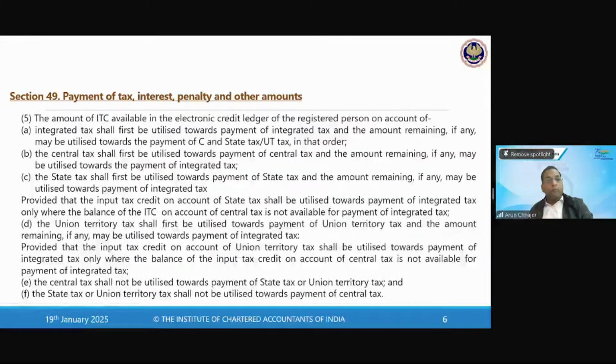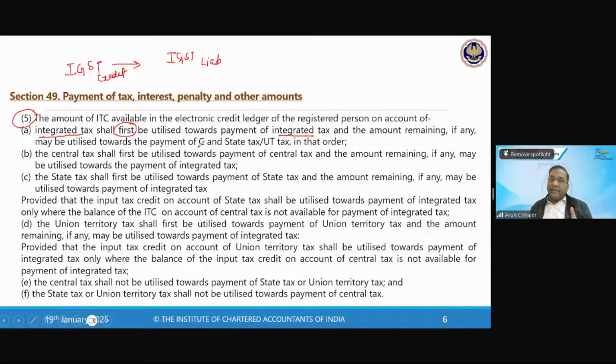Now let's move to the utilization of ITC, the order of utilization of input tax credit. First, integrated tax shall be first utilized toward the payment of integrated tax. It means IGST ka credit will always be used for IGST ka liability.